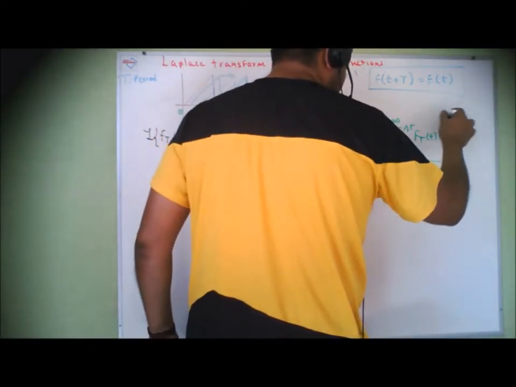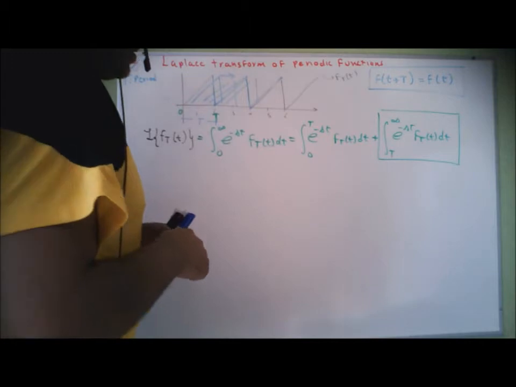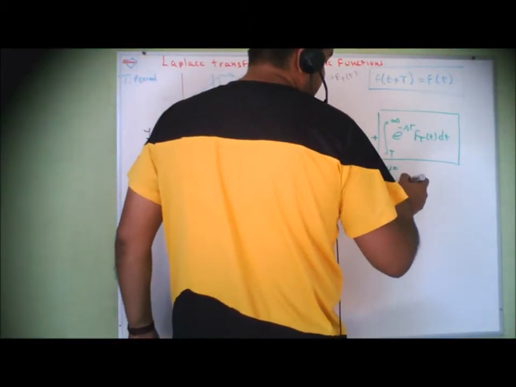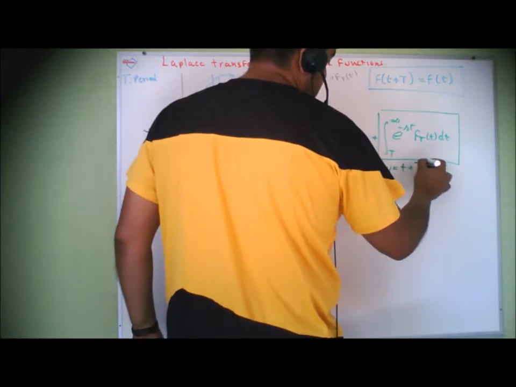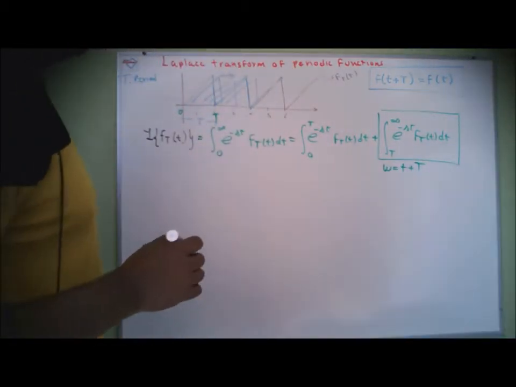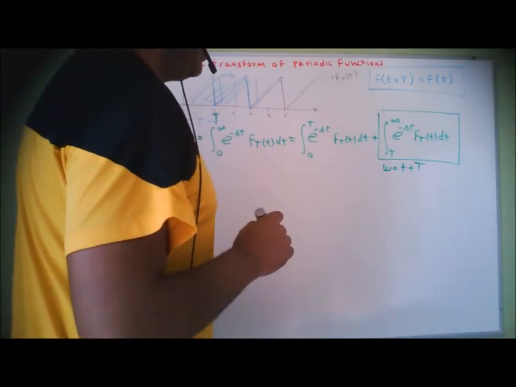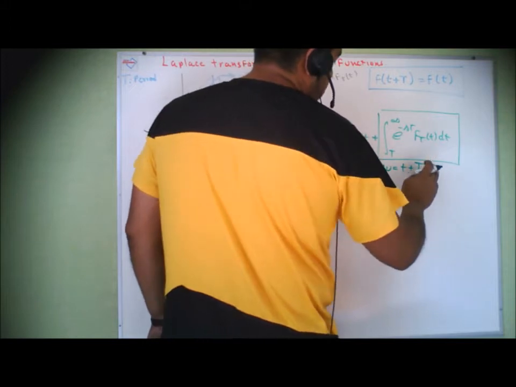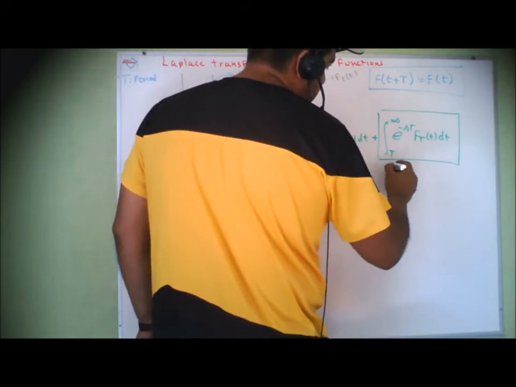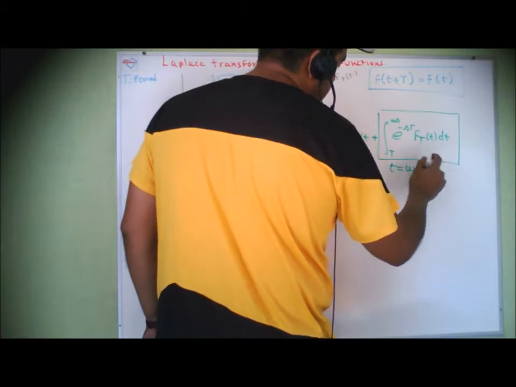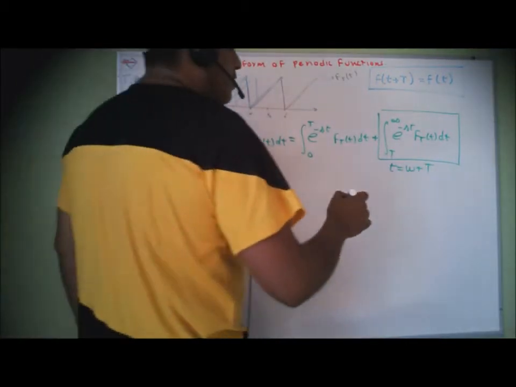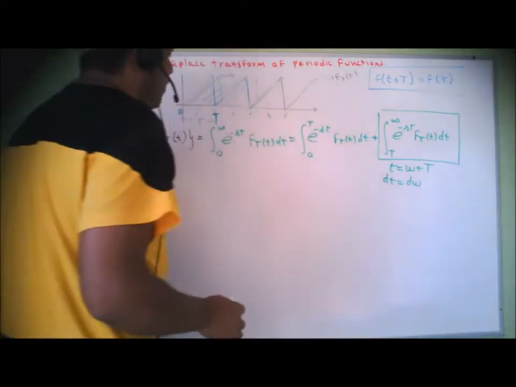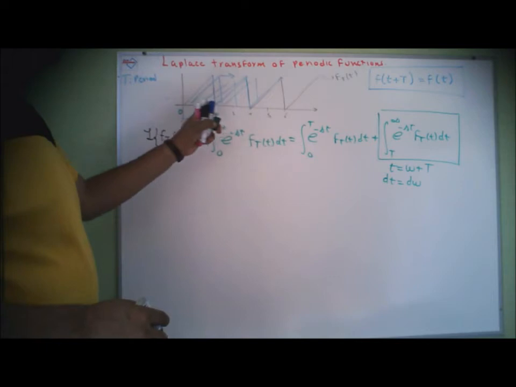I'm going to do a variable change. Let's do w equal to t plus capital T. No, it's going to be t equal to w plus capital T. Now dt is equal to dw, because the period T is constant, a fixed number that doesn't change in time.